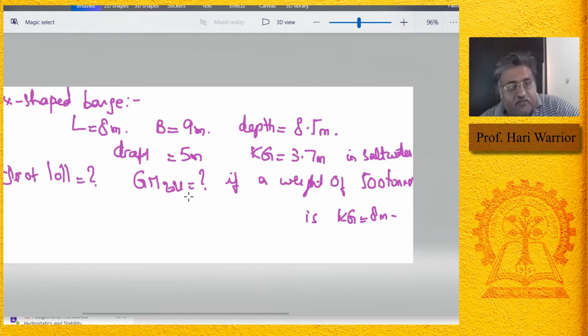Use, if I give you D, the draft. That is because of not working out problems. Okay, sir. Got it. That is D by 2 plus B square by 12D. Exactly. So from that you get KM.